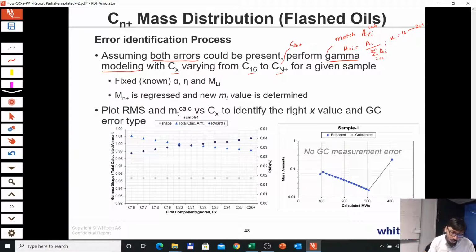And we have also discussed that ARI, the relative area, you can represent as the ratio of the areas, or you can also represent it as the ratio of mass amounts that are reported in the lab, because both are proportional. So you can also write it like this.